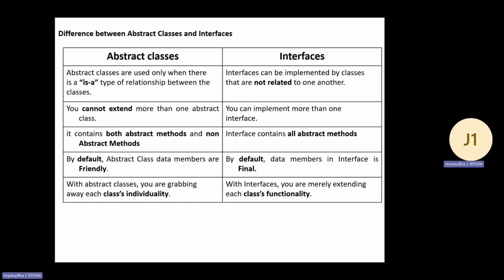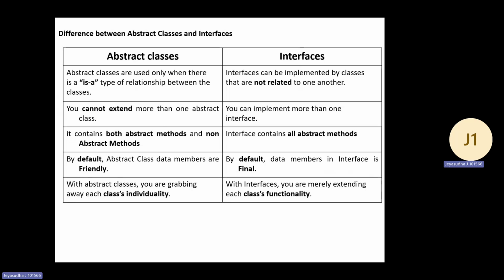So what is the basic difference between an abstract class and an interface? With an abstract class, you can use it when you have an is-a relationship. With an interface, even though you don't have any relation, we can just use the interface. You can extend only one abstract class, but interfaces you can implement more than one. In an abstract class, we can have both abstract methods and non-abstract methods.